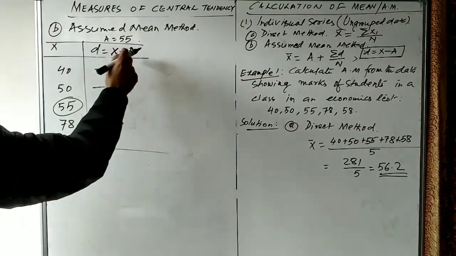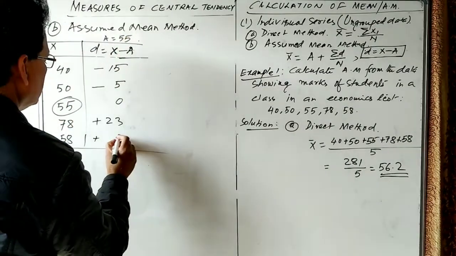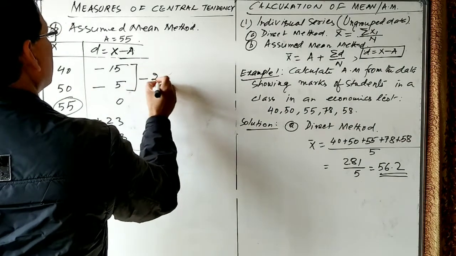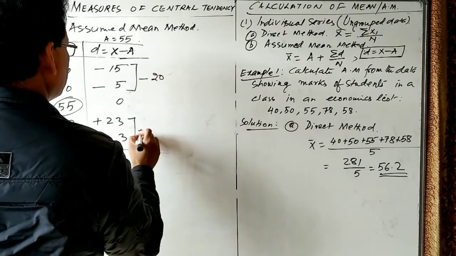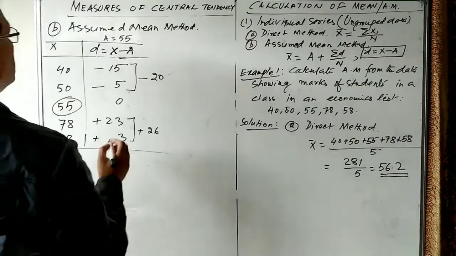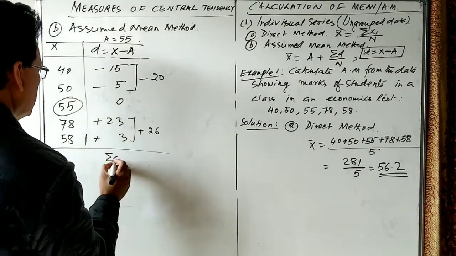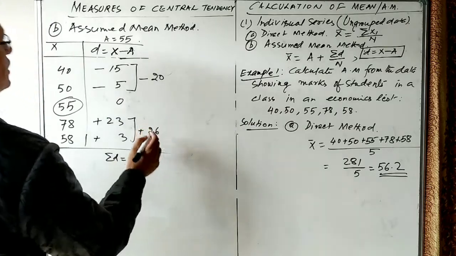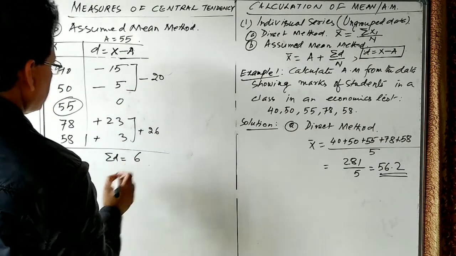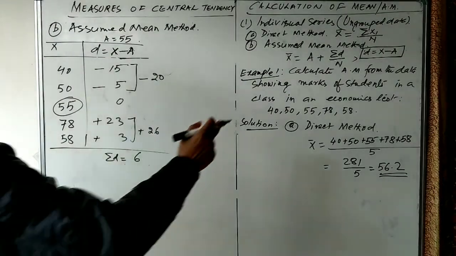And 58 minus 55 will be 3. So the negative sum is minus 20 and the positive sum is plus 26. Sum of D will be 26 minus 20, so 6.